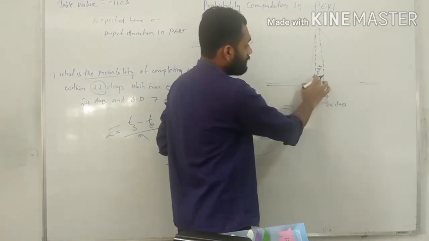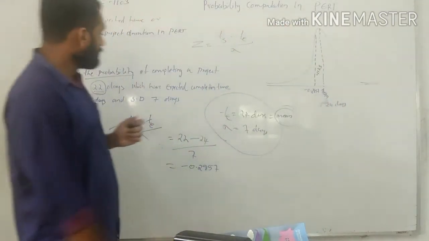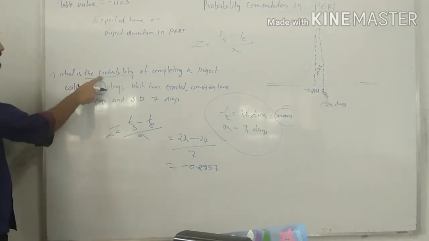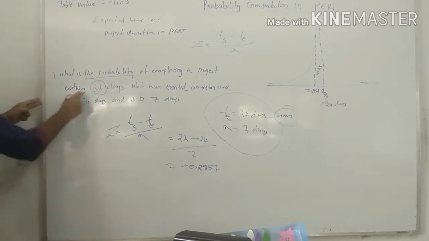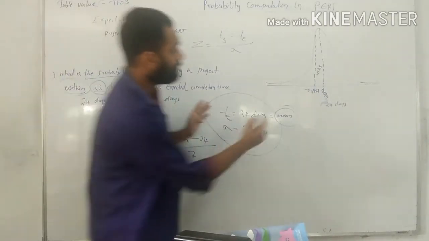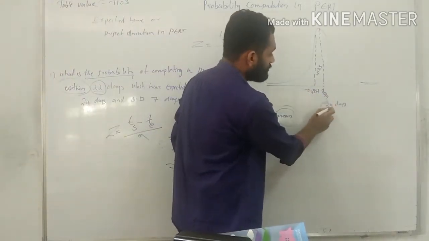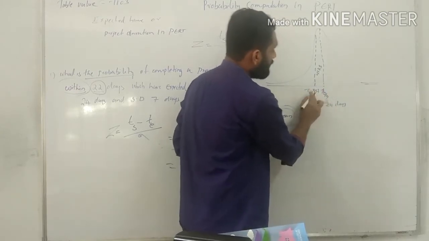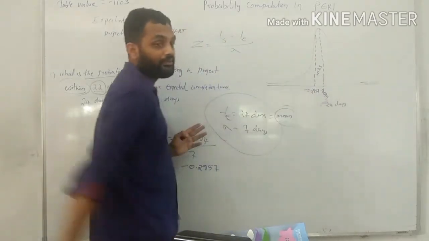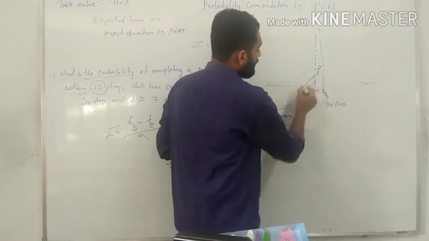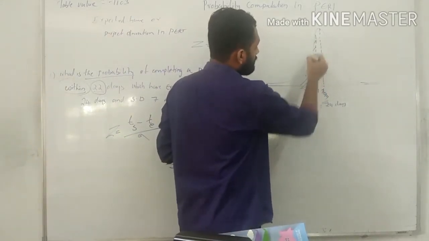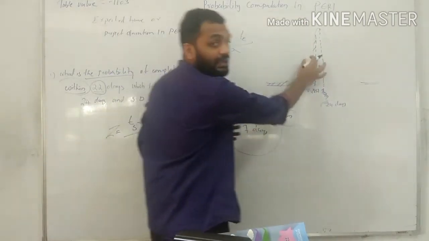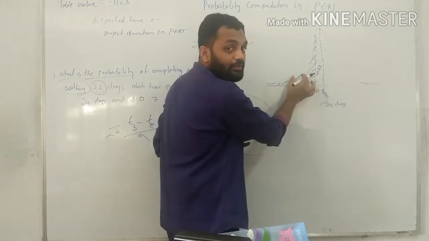This area is 0.1103. We have to find the probability of completing within 22 days. So we know if the mean is 24, this will be 22. We need to find this area of the normal curve. Here the area is the probability.